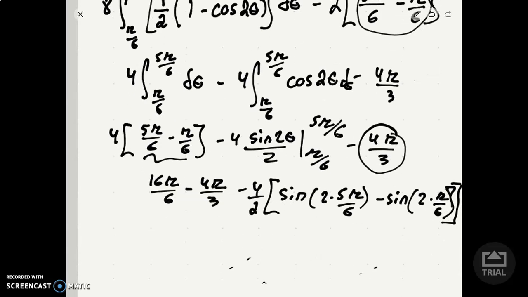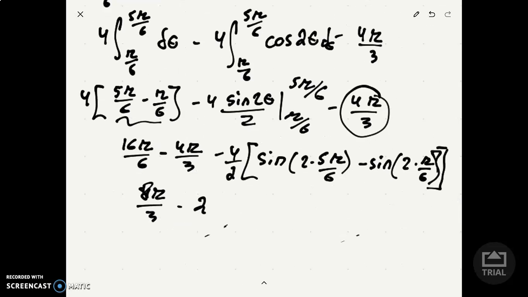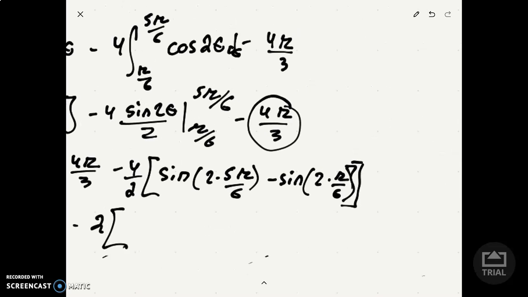Okay, so these first terms, if you combine them, you get 4 pi over 3 times a common denominator. No, 8 pi, sorry. Arithmetic's off today. We've got a negative 2 here, and then sine, this is sine of 10 pi over 6. So I like drawing my little unit circle.